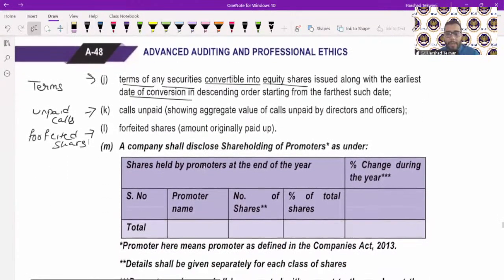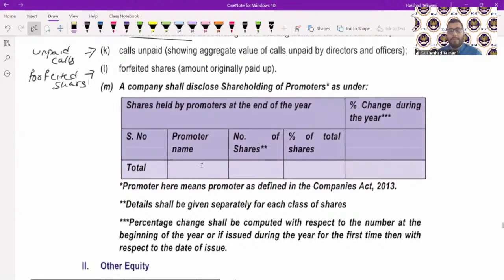Plus, over and above that, there is one more disclosure that is required to be given, that is for the promoters. Now this disclosure was earlier not present. This is a part of an amendment.